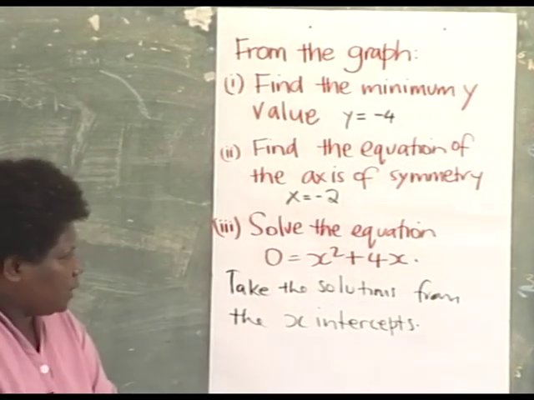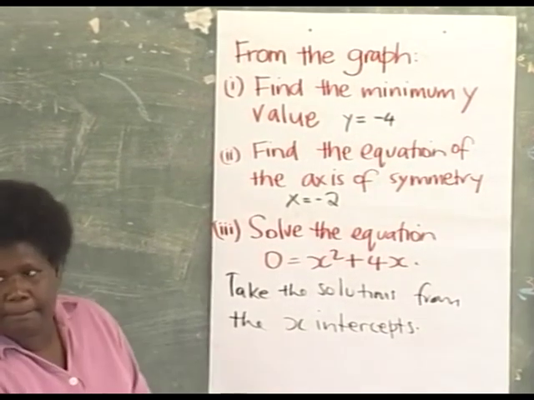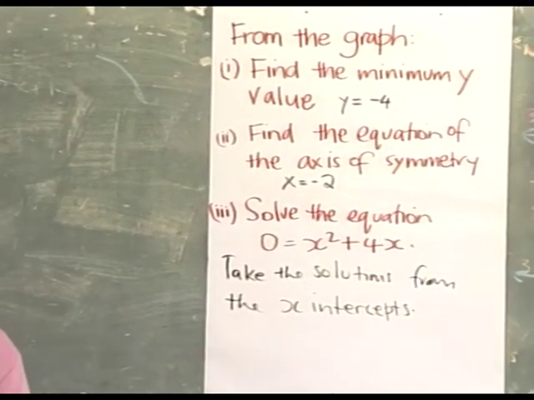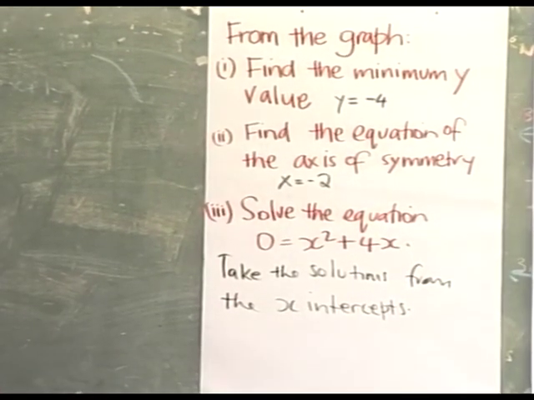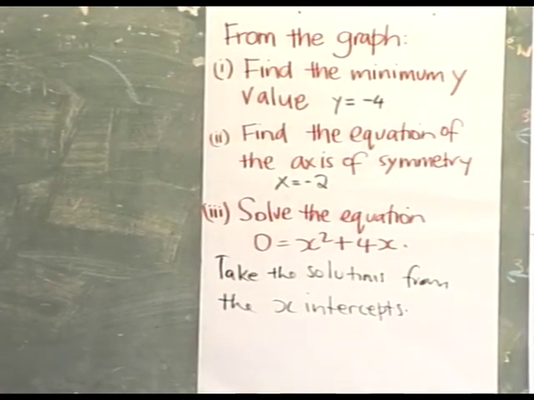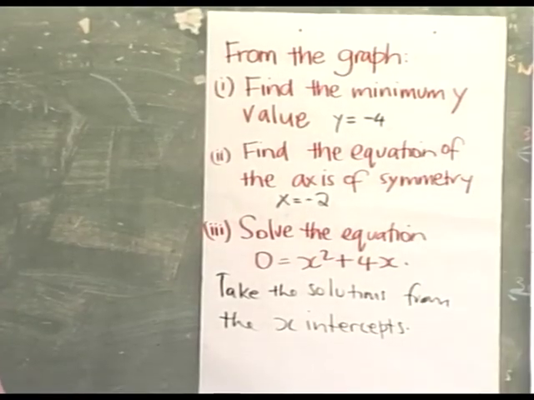So in this case, what are the x-intercepts? Chutaili, from the graph? The x-intercepts are 0, 0, and negative 4, 0. Okay, 0, 0, and negative 4, 0.